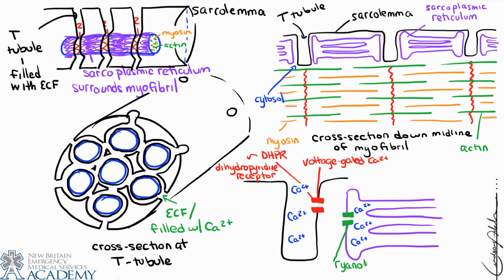The ryanodine receptor is of particular interest to us because in skeletal muscle, so it's not true so much for cardiac muscle, certain types of patients might have a mutation in the ryanodine receptor where they have a significant increase in the calcium that's able to flow out on account of stimulation, and this is what leads to malignant hyperthermia. That's a disease process that is discussed in conjunction with certain medications like succinylcholine.